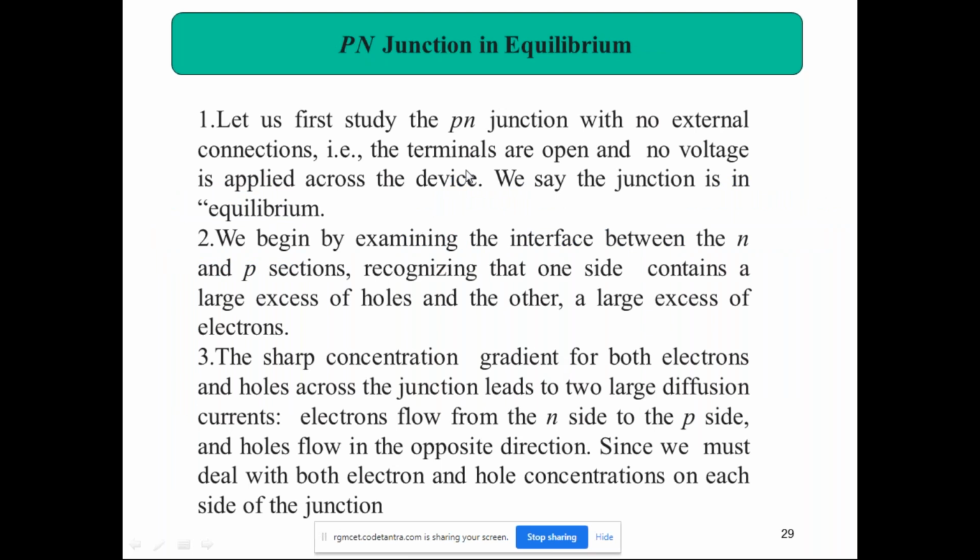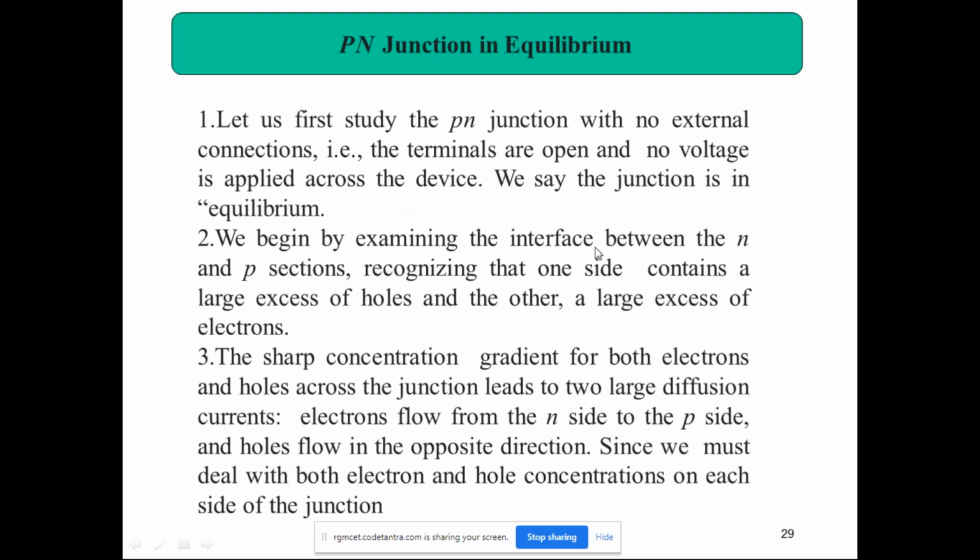Okay, observe here. Let us first study the PN junction with no external connections. That is, the terminals are open and no voltage is applied across the device. We say the junction is in equilibrium, right?